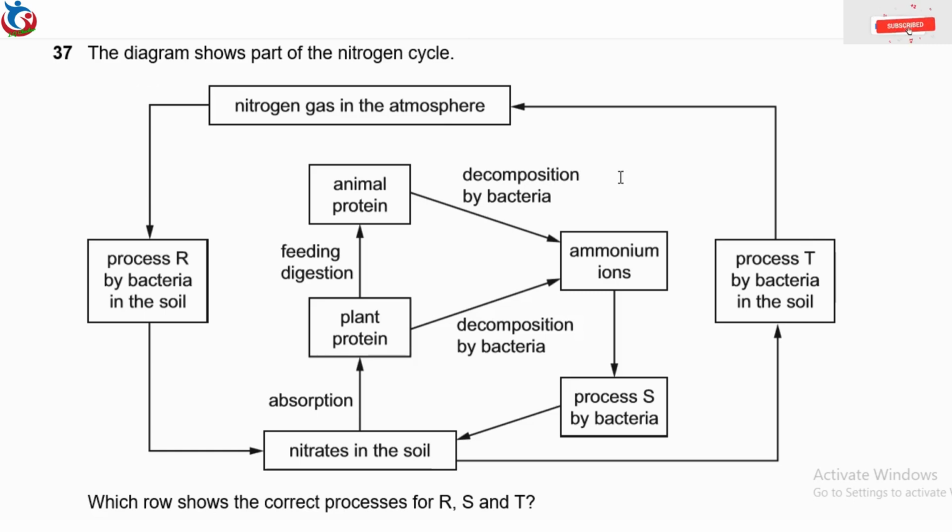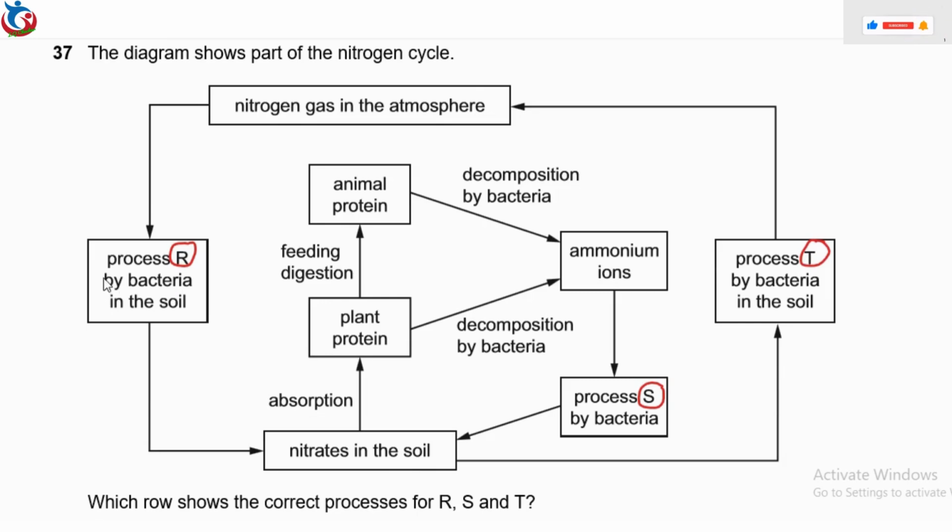So before we move to the options, let's just identify the processes. This is R here. So here we have R, here we have S, and here we have T.